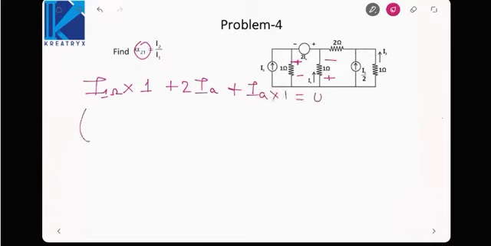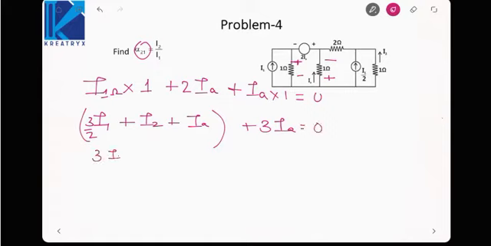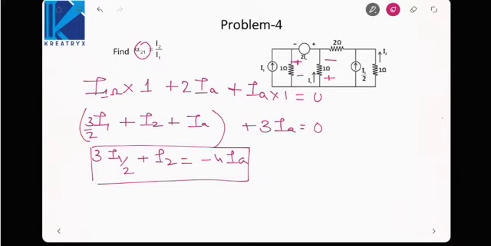I 1 ohm was 3 by 2 I1 plus I2 plus IA plus 3 IA equal to 0. That is 3 I1 by 2 plus I2 equal to minus 4 IA. Okay, this is the first relation that we have got.